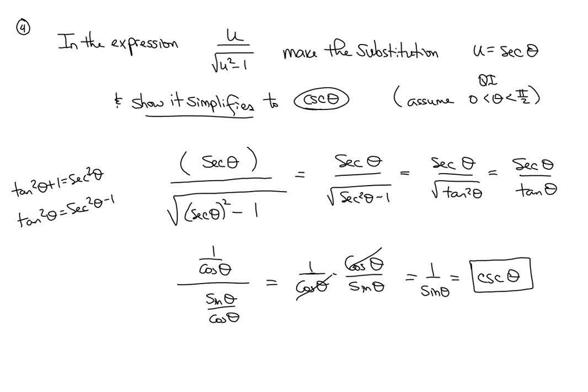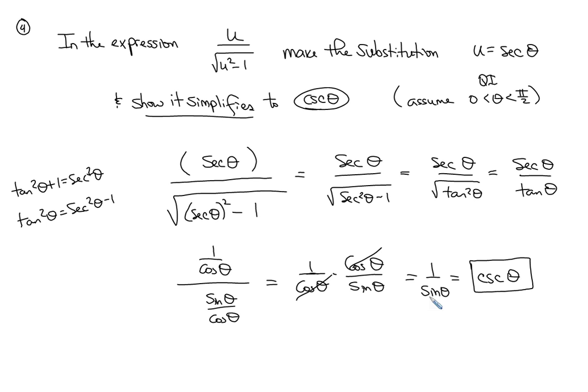Now, personally, I like the one on the right better because it's a little cleaner looking, but there's nothing wrong with 1 over sine theta if they didn't specify what we're aiming for. Because truth is, if you wanted to punch it into your calculator, if they asked you to evaluate it for a particular angle theta, you can't punch cosecant directly into your calculator anyway. You'd have to punch it in as 1 divided by sine of theta because we don't have a cosecant theta button.